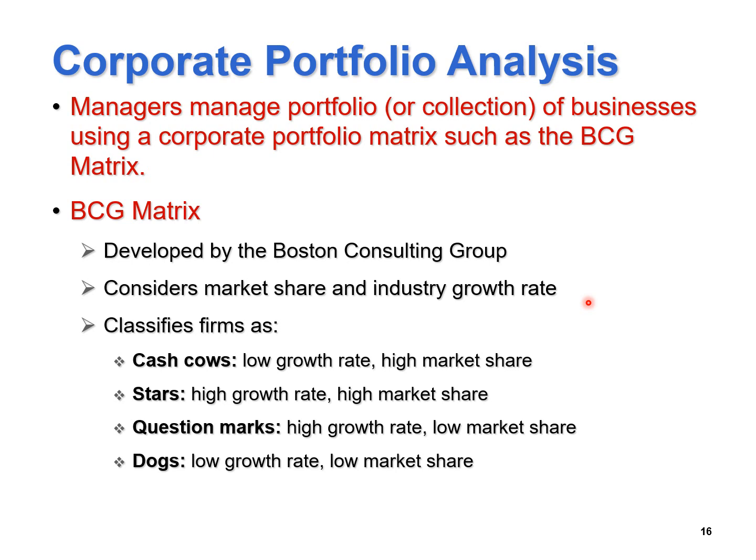The stars, where the growth rate is high and the market share is high. Question marks is the area where industry growth rate is high but market share is low. And in dogs, growth rate is low and market share is low.